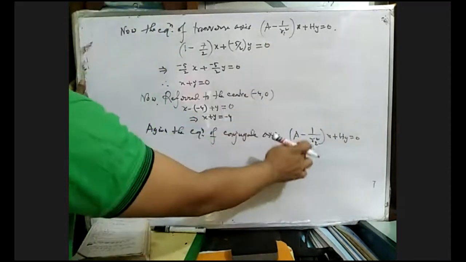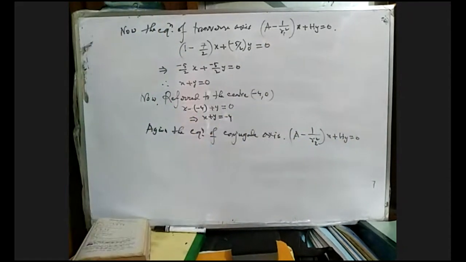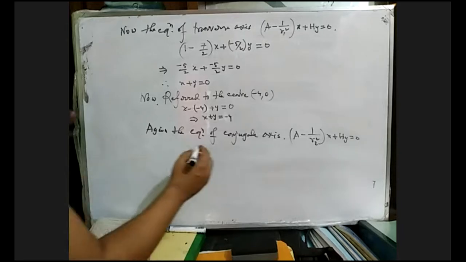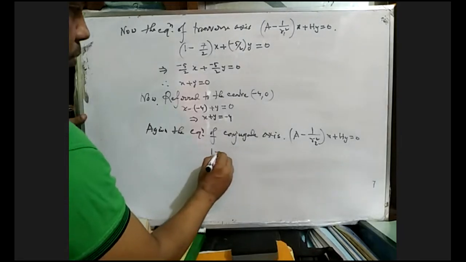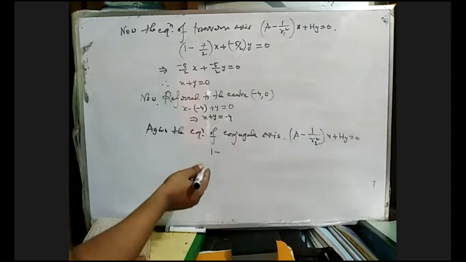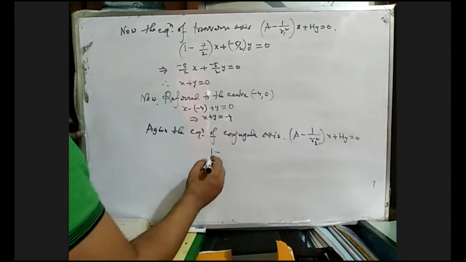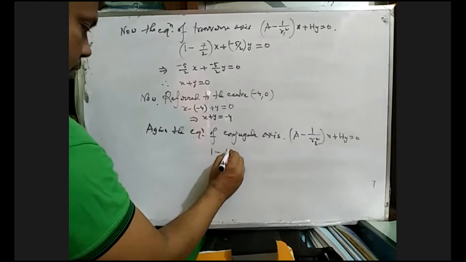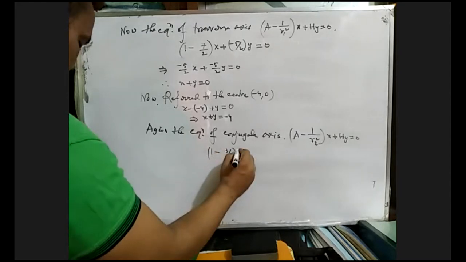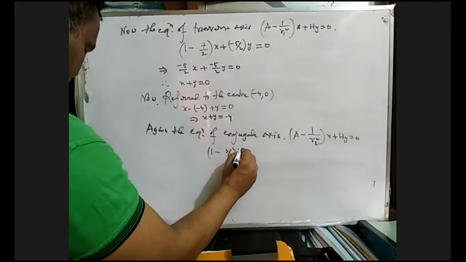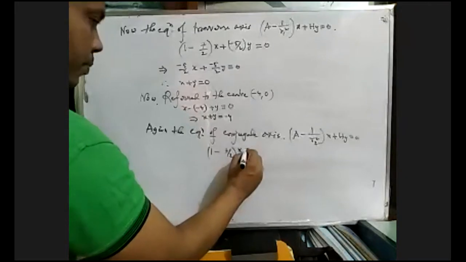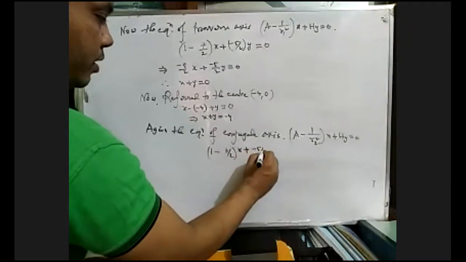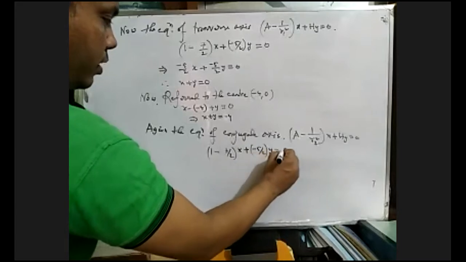Here r1 and here r2. Just putting the values, we get 1 minus 1 by r2 squared. What was it? 2 by 3, root over 2 by 3. So this will be 3 by 2. A means 5 by 2, y equals 0.